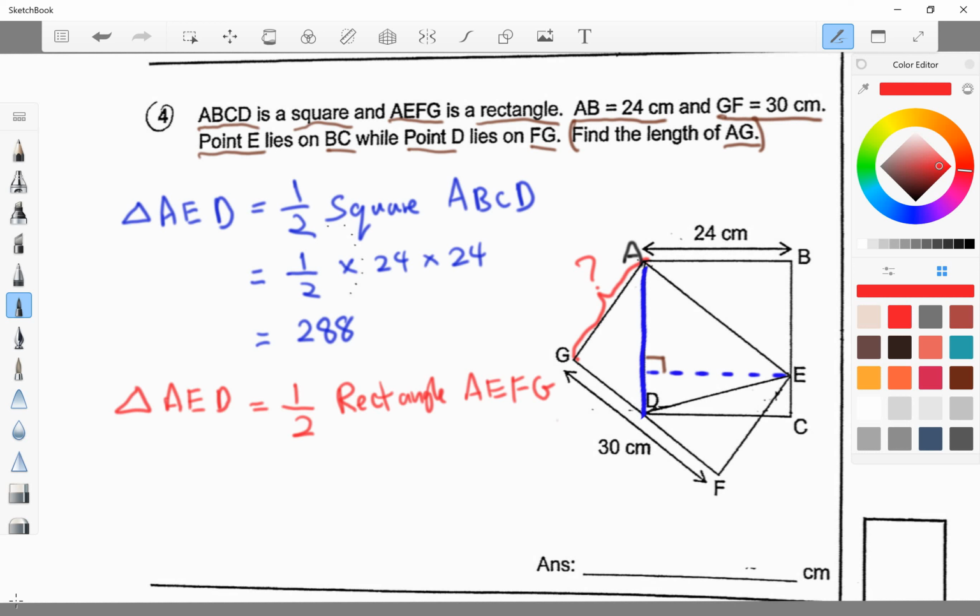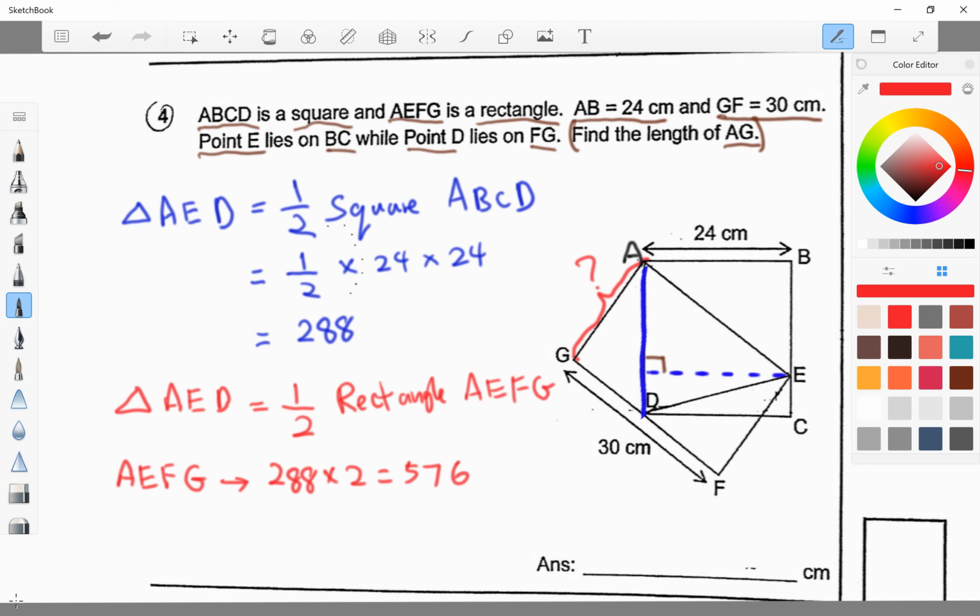And if I found that triangle AED is 288 and it's half of rectangle AEFG, this means that the rectangle AEFG has got to be double of 288. So in doing so, 288 times 2, my answer is actually 576.